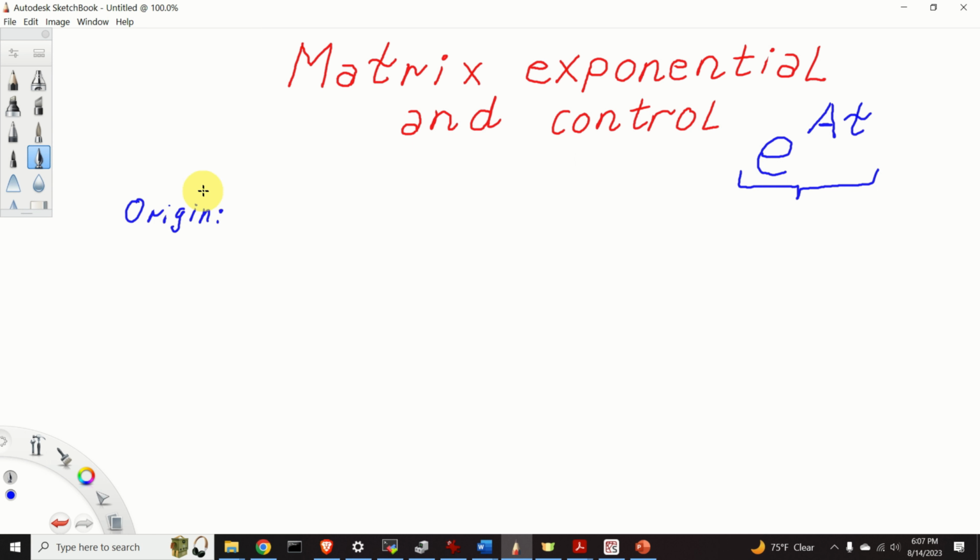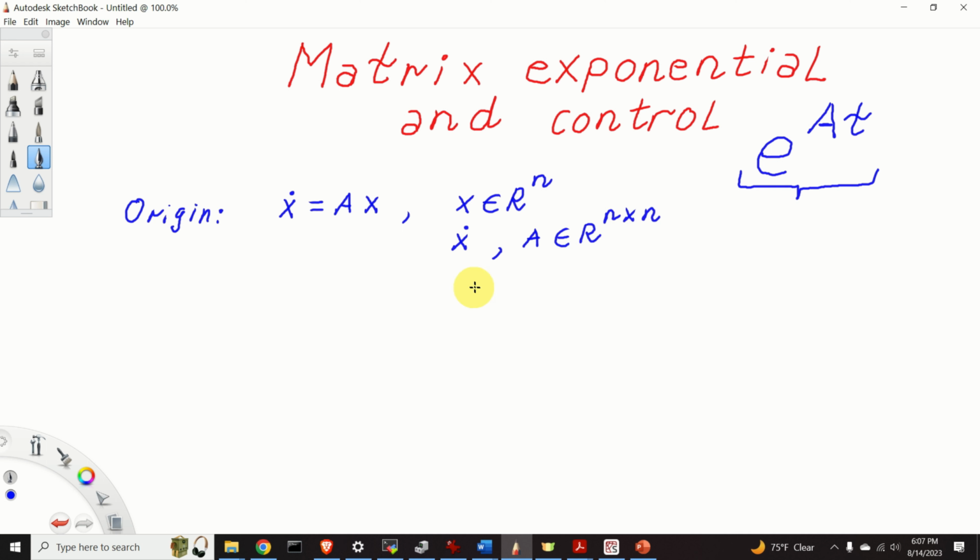Let us consider a linear dynamical system in the state space form. Here, x is an n-dimensional state vector, x dot is the first derivative of x, and A is a system matrix, n by n.